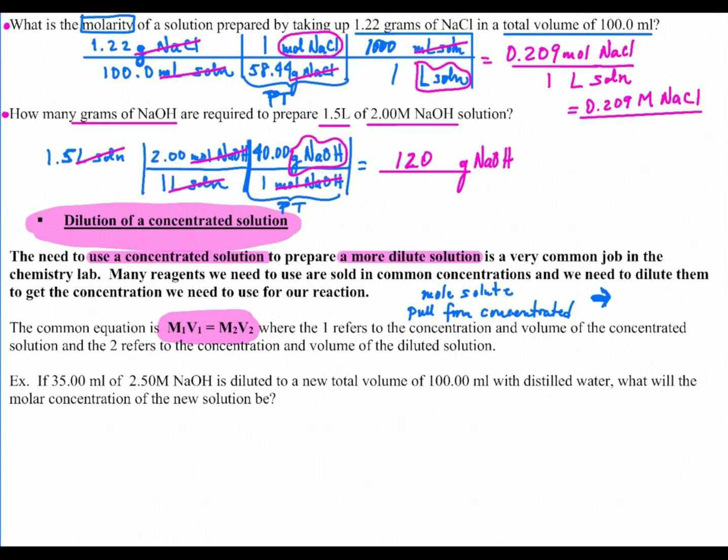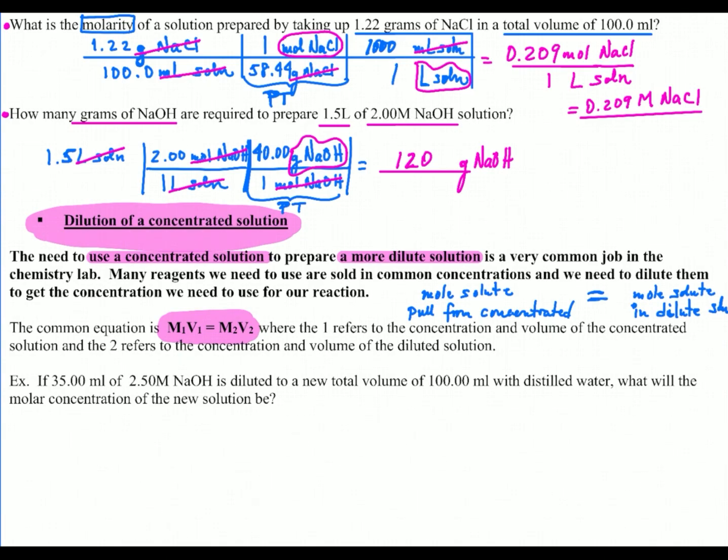But the whole idea is that the number of moles of solute did not change. So it is equal to the same number of moles of solute in the dilute solution. What's the difference? The amount of water. If you have more water in the dilute solution, it will have a lower concentration.